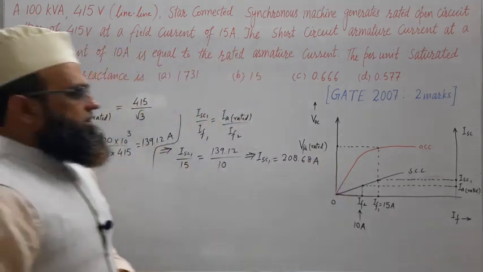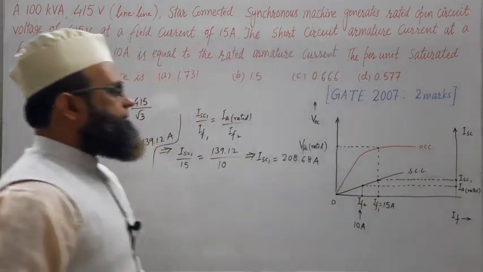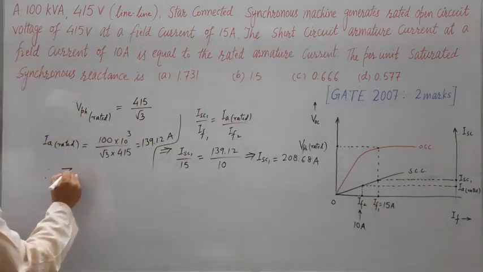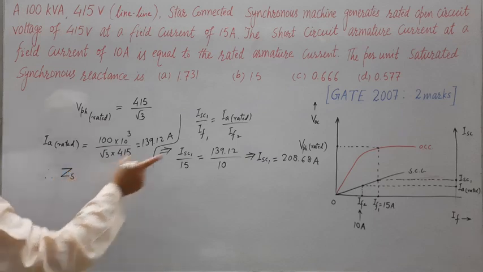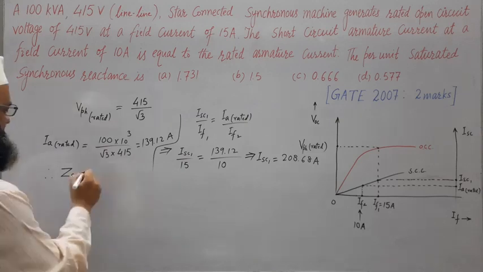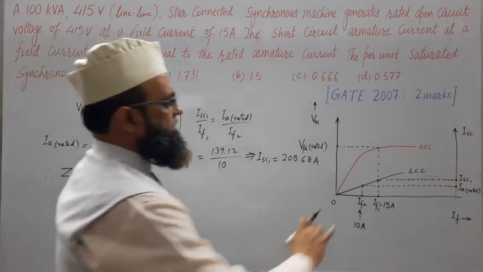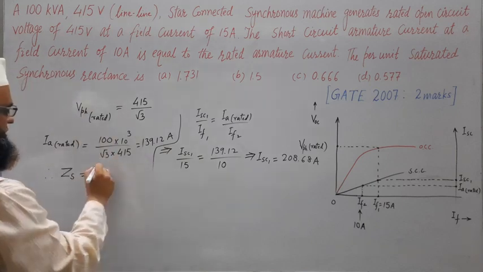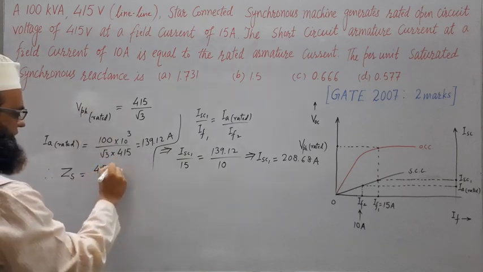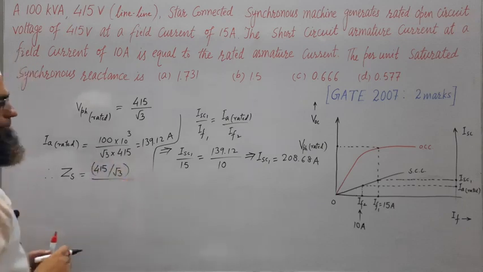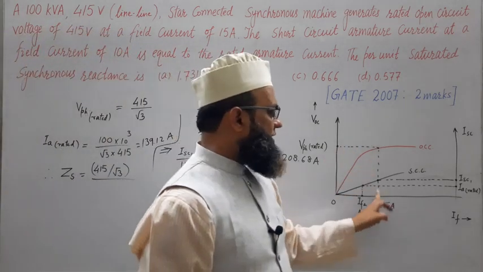Now once ISC1 is evaluated, therefore the synchronous impedance, saturated, you may mark saturated, may be evaluated as the open circuit voltage, which per phase is 415 upon root 3, upon ISC1 at the same field current.